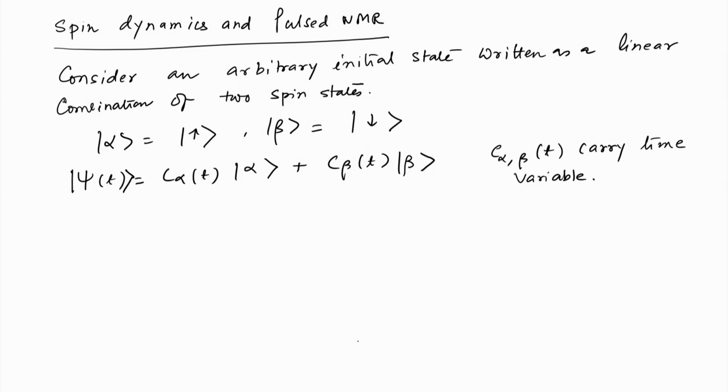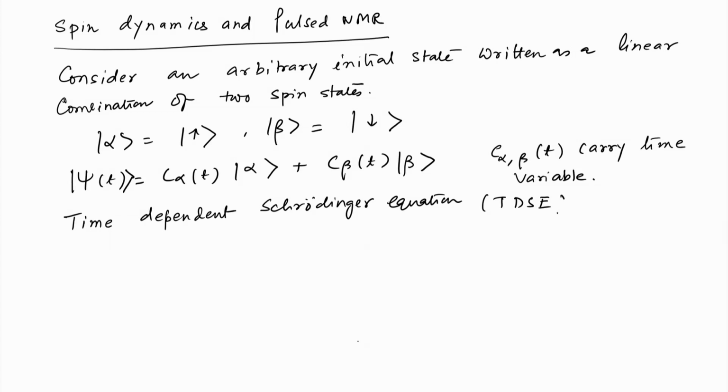So, let us write down the time dependent Schrodinger equation, and we call it TDSE. The time dependent Schrodinger equation is written as i h cross d psi dt equal to H psi(t).